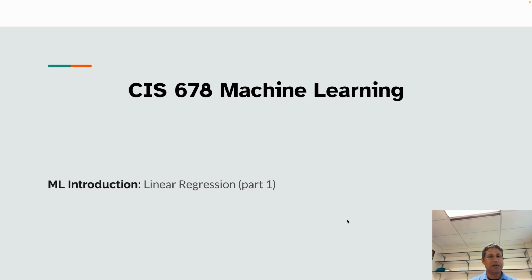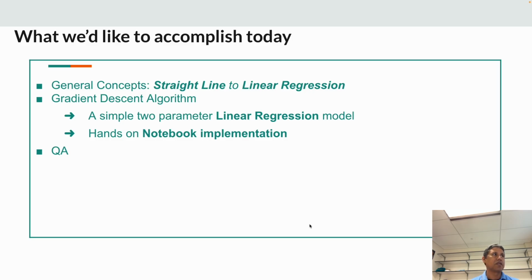Today we will be learning about a class of machine learning tasks, what we call regression problems, and particularly a specific model, what we call linear regression. The plan looks like this. We are familiar with the straight line equation, so we will take that straight line and connect it to the linear regression model.